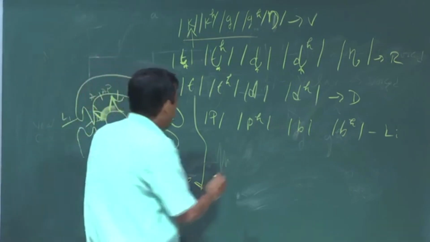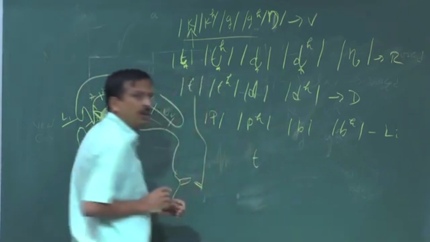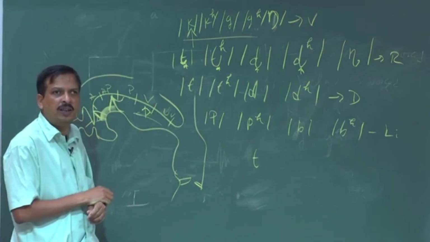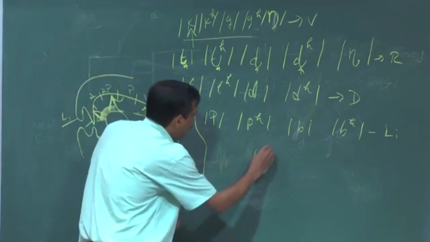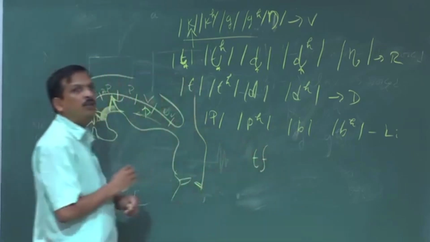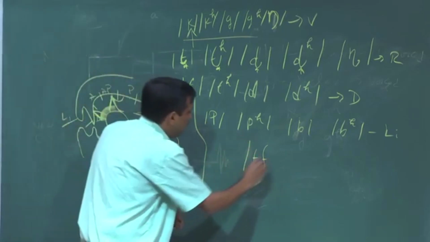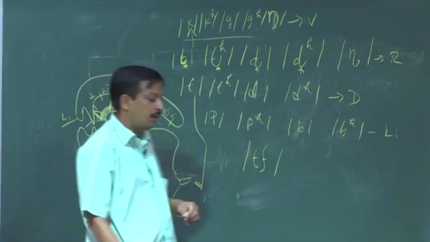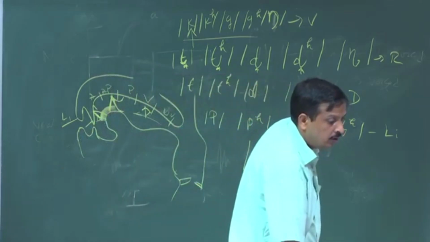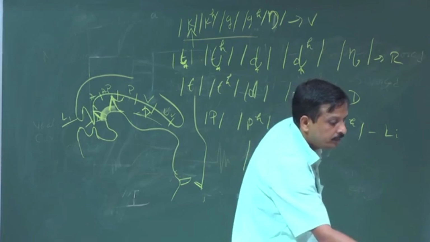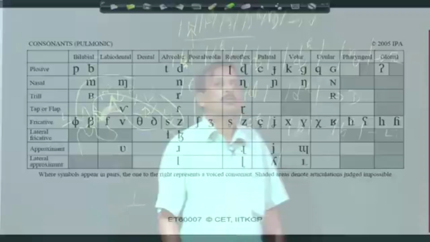Then we can write the symbol t, which is the plosive part. And this one is the friction part, which is written by the palatal or post-alveolar sh symbol. So, I can write post-alveolar or palatal sh. I do not know what that symbol is called. So, this is the palatal or post-alveolar sh.